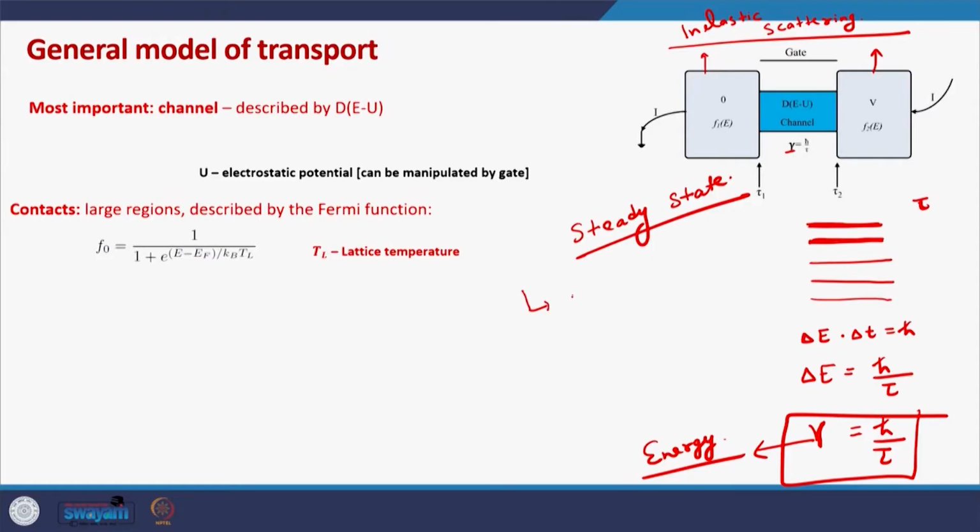And what that essentially amounts to is that whatever be the applied voltage, very quickly the electron distribution, because of the inelastic scattering, becomes very close to the equilibrium distribution. Okay. So, that means that contacts are always in a near-equilibrium state.